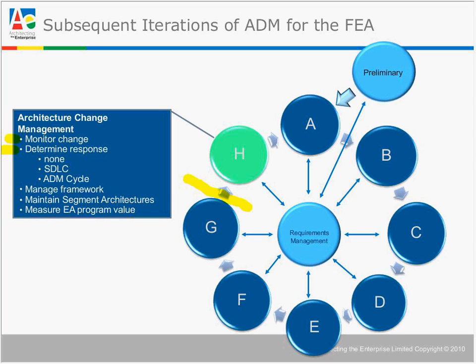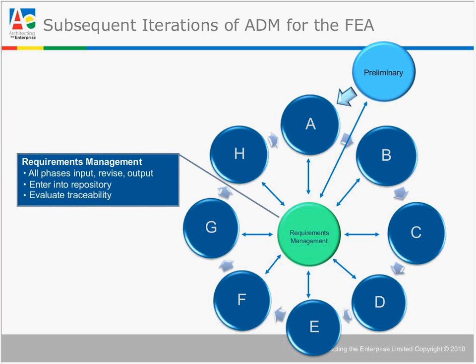Your response can be none, by way of the SDLC, in other words, development teams, or you might have to re-enter the ADM and architects. Environments management, again, as I said last time.